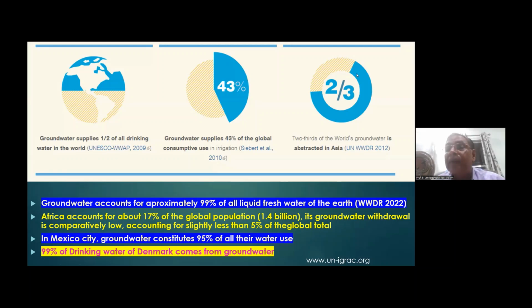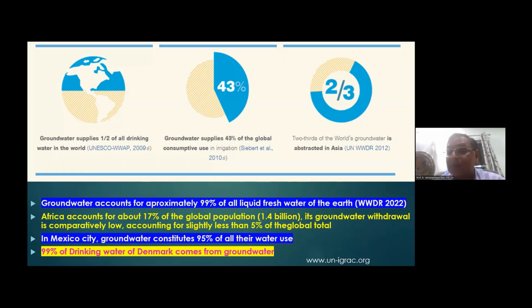2/3 of the world's groundwater is abstracted in Asia. Of course, India takes the lion's share. I will come to that later. So if you look at some salient features, groundwater accounts for approximately 99% of all liquid fresh water of the earth.